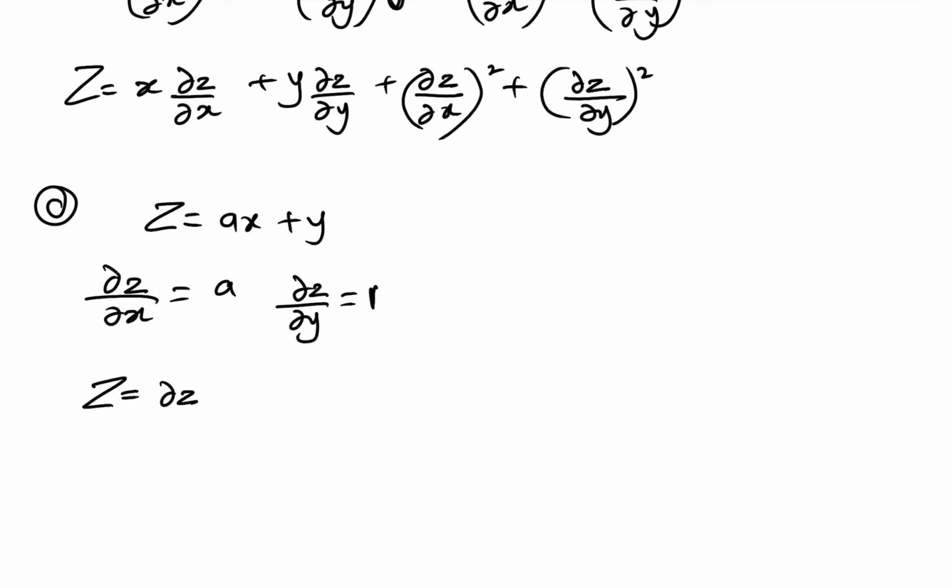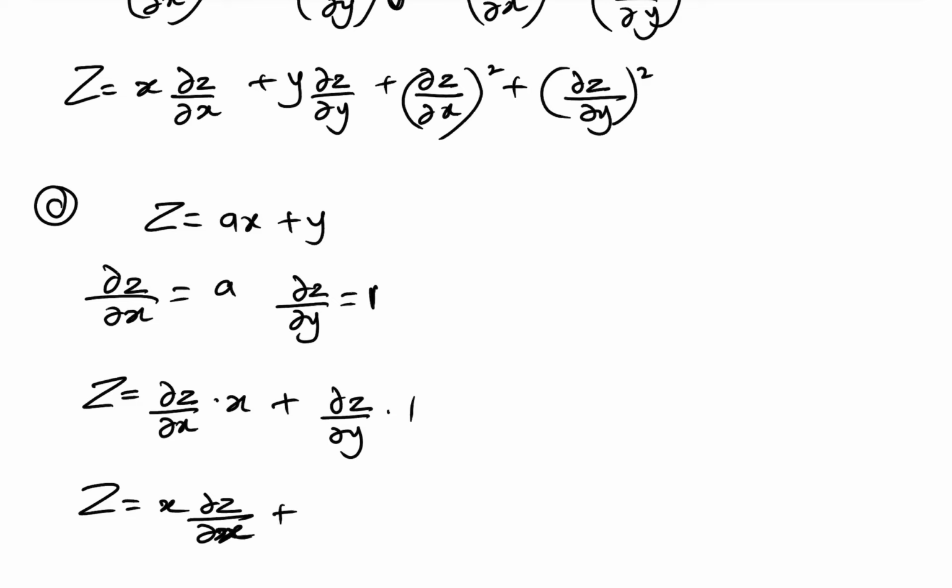A is dz dx times x plus, since this is 1, we can write dz dy dot 1. So our final answer is going to be x dz dx plus dz dy y. So this is our final answer for this.